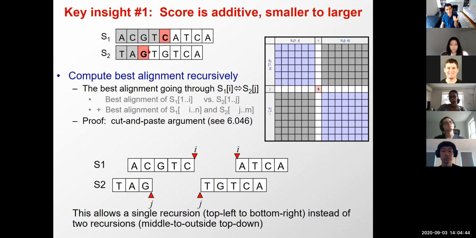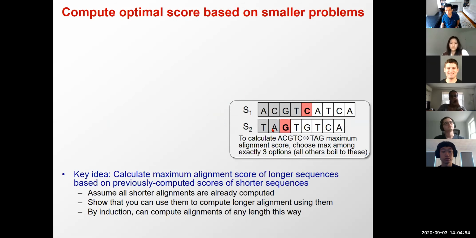Okay. So now let's see, how do we compute this score? Well, to compute this score, I want to reuse something from smaller scores. So to calculate the alignment of ACGTC versus TAG, I want to find the maximum alignment score. I'm going to choose the maximum among exactly 3 options, because all others go through these options.